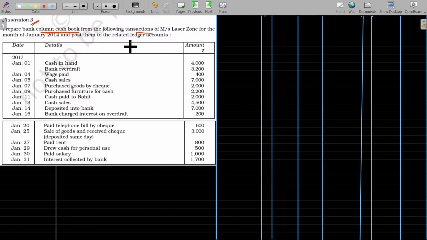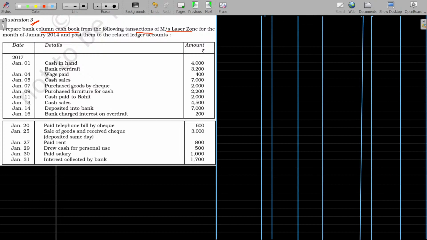So this is also a single column cash book only. Single column or double column. Prepare the bank column. Bank and cash, so a double column cash book.